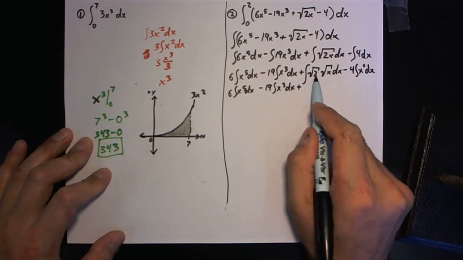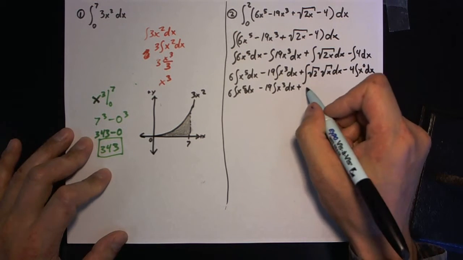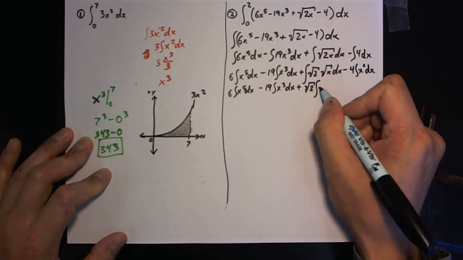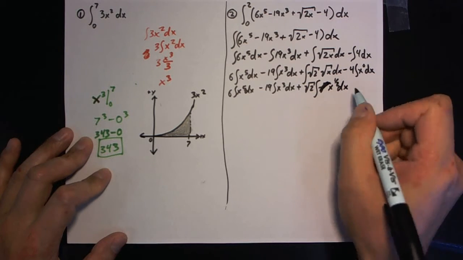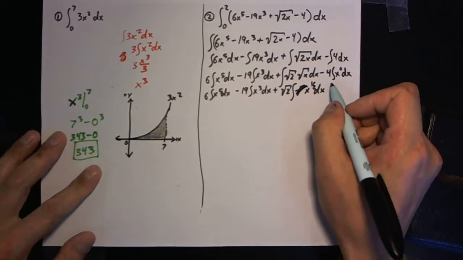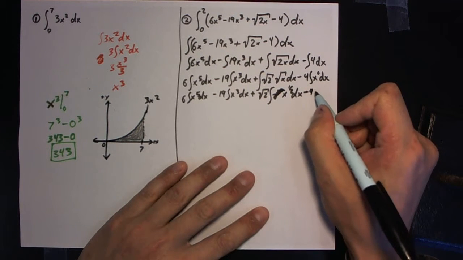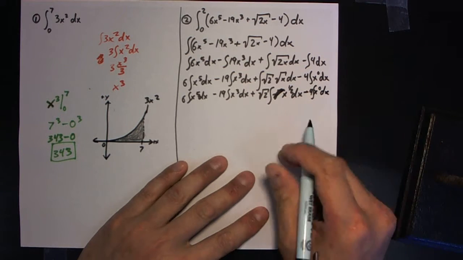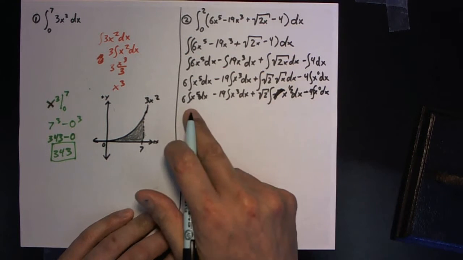Okay. Square root of 2 might not look like these other constants, but it is in fact a constant. So you can pull the square root of 2 outside the integral. And then, let's rewrite this as x to the 1/2 power. Okay, now we can apply the power rule to all 4 terms.